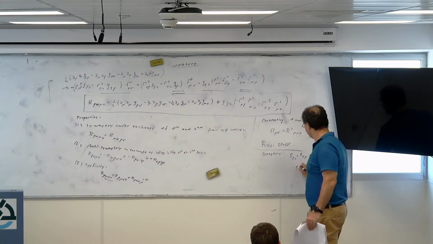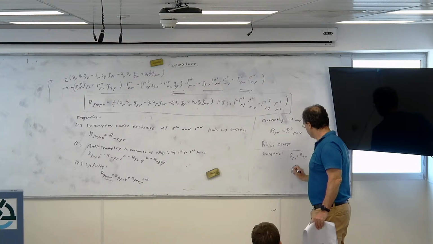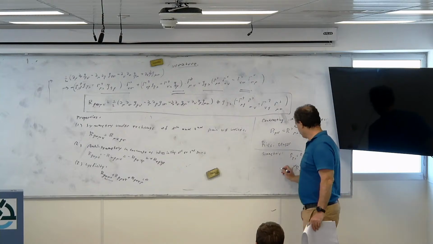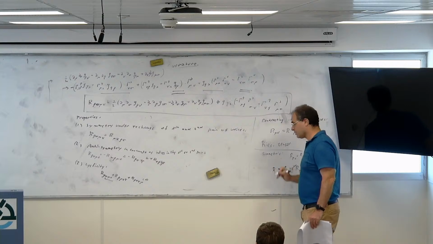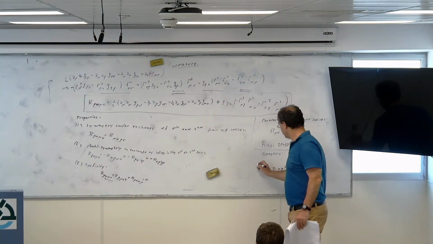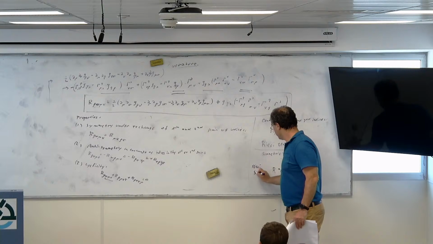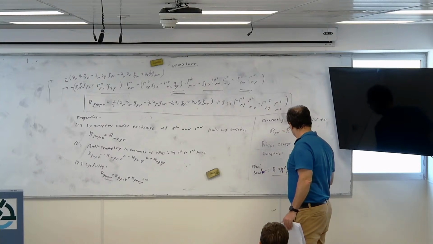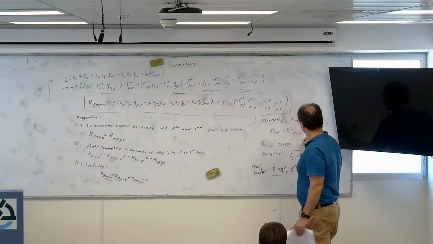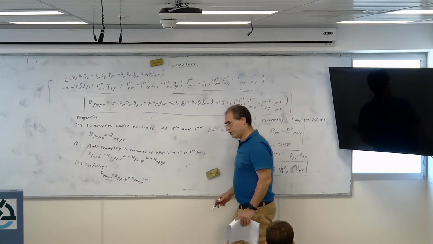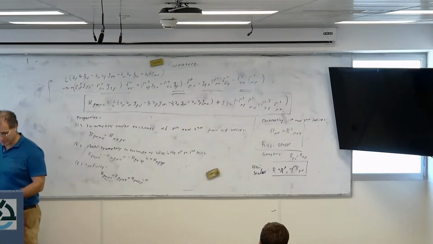If I do R mu nu g mu nu, what do I get? This is R mu mu, which is simply called R. This is known as the Ricci scalar. Both the Ricci tensor and the Ricci scalar are important for us. I don't know why yet, but we'll see.